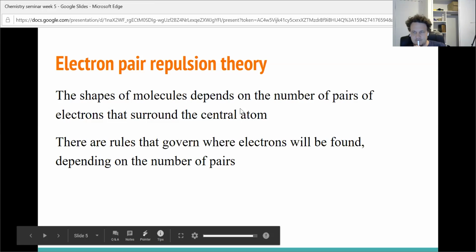I'm going to teach it the simple way, as I think that's the best way. There are rules that govern where the electrons will be found, depending on the number of pairs, and where those electrons are found.